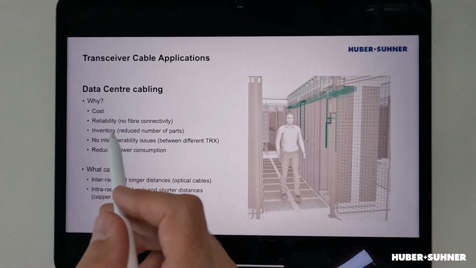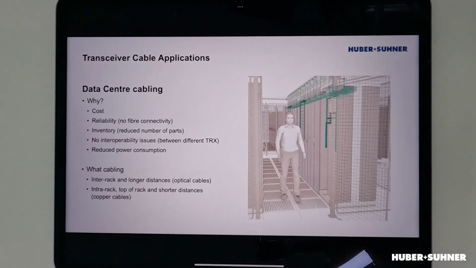Now, what do we use transceiver cables for? Well, basically, we use them for data center cabling. Why? Well, compared to traditional transceivers, it is a more cost-effective solution. And we also have the reliability aspect, because we're not having to deal with the fiber connectivity, so we don't have that fiber cleanliness topic.